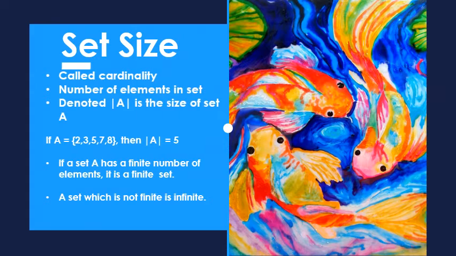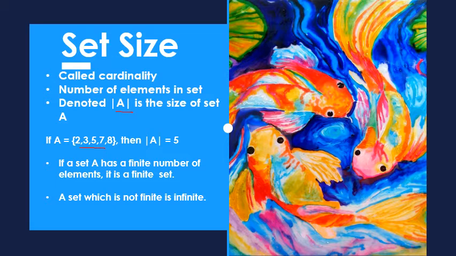Okay, next one we have set size. It is also called cardinality, the number of elements in a set, denoted by a symbol just like an absolute value symbol, is the size of set A. For example, if set A has elements 2, 3, 5, 7, and 8, then you only need to count the number of elements in the set, that is your cardinality.